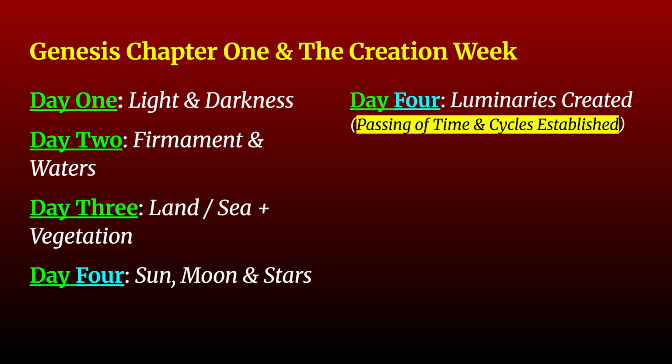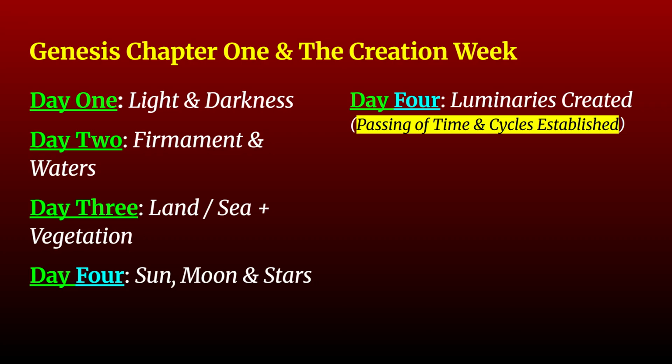So on day 4, you notice you have now timekeeping. God even says, let these be for signs and for keeping time, essentially. So what's happening on day 4 is that now that the earth and all the things on the earth are created, now time can pass. Now days can happen. Now cycles have been established, passing of time and cycles established.